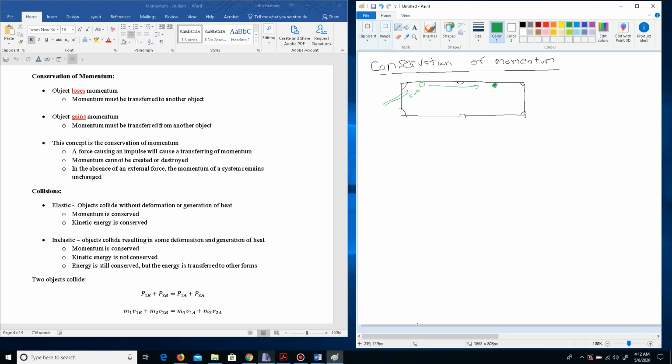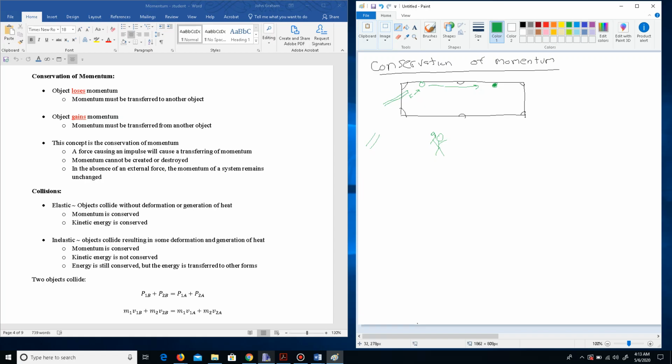Another idea is if you have an astronaut out in space, and they get stuck a little away from the ship, so they throw a hammer in the opposite direction that they want to go. Alright, so I'll do it this way. Astronaut in space. He has a hammer. Best hammer I can draw. And he wants to go this way.